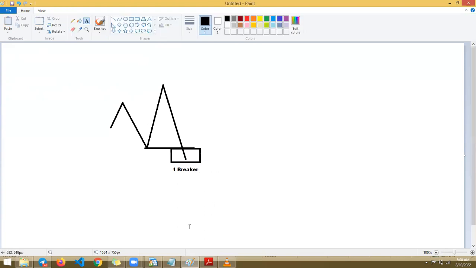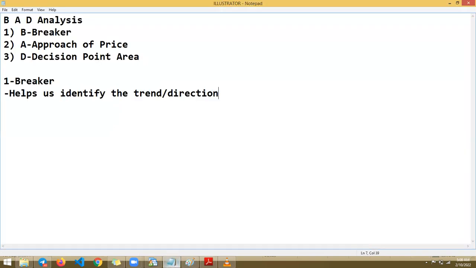After identifying the breaker, what you look out for is what we call approach of price. This helps with confirmation.